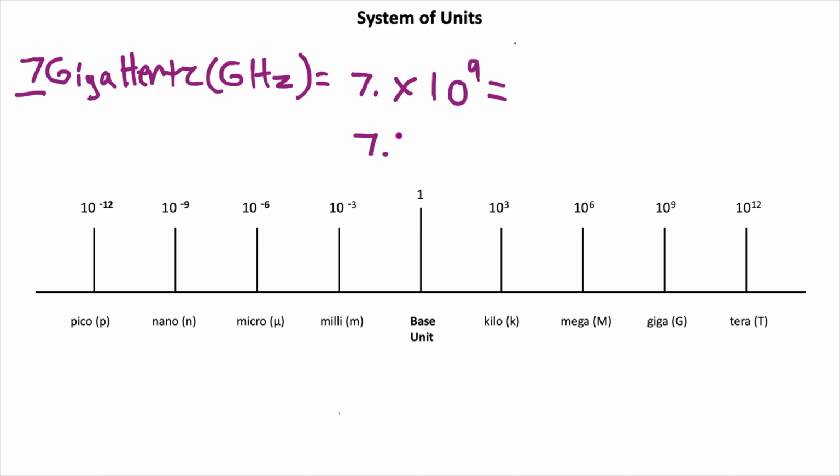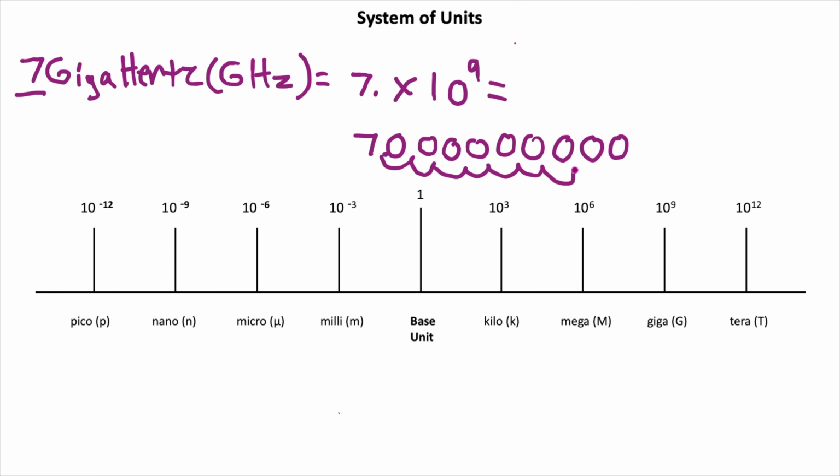So we go 1 place value, 1, 2, 3, 4, 5, 6, 7, 8, and 9. Let's just verify that's 1, 2, 3, 4, 5, 6, 7, 8, and 9. So that is 7 billion hertz right there.